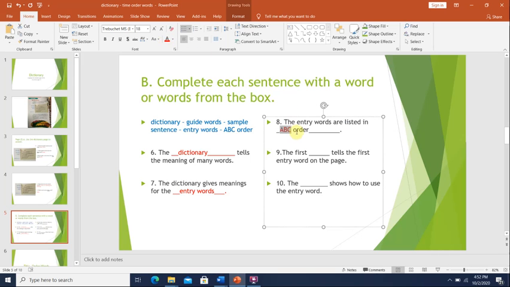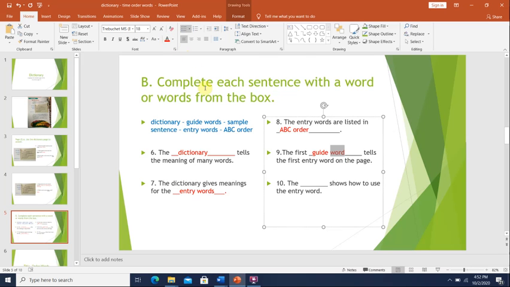Again, the dictionary gives us the meaning of the entry words, and the entry words are listed in ABC order. The first blank tells the first entry word. The first guide word tells us the first entry word. How do we know which word will be the first word?